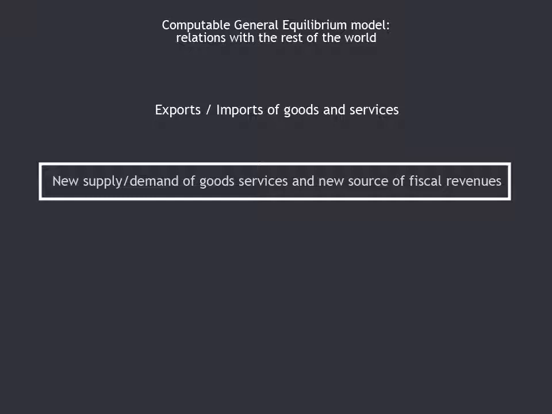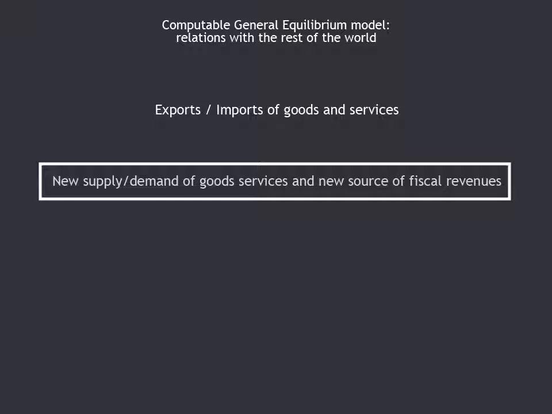A new supply because imports are a new source of supply of goods and services. This is a supply from foreign producers. And a new demand of goods and services because exports are new destinations for the national production of goods and services, because exports are foreign demands of national goods and services.